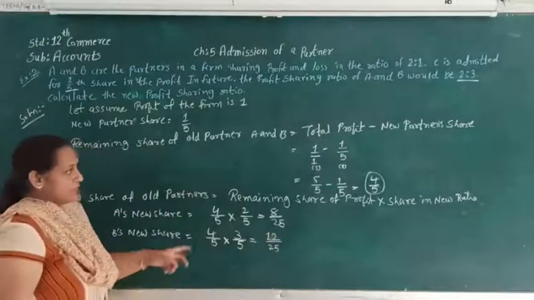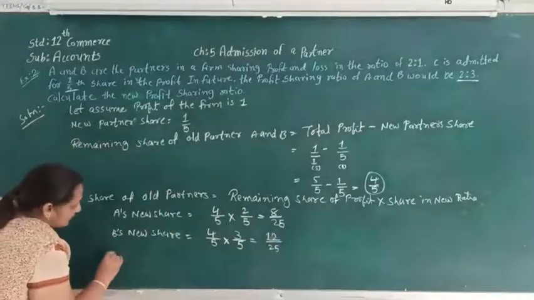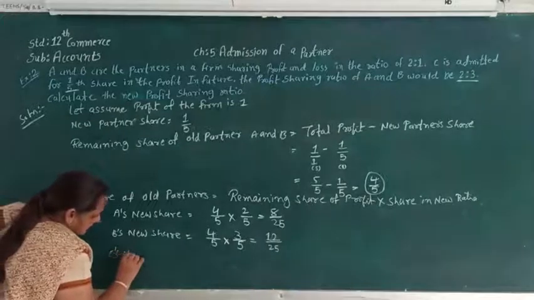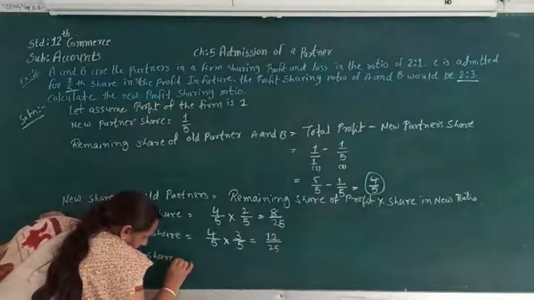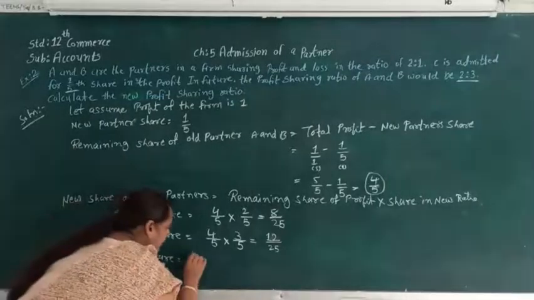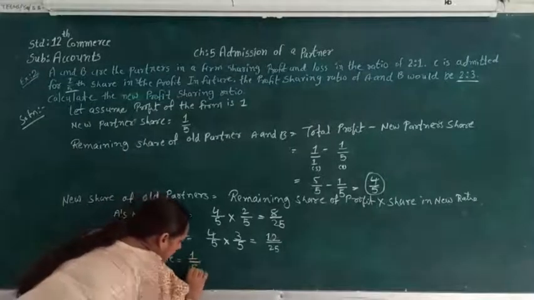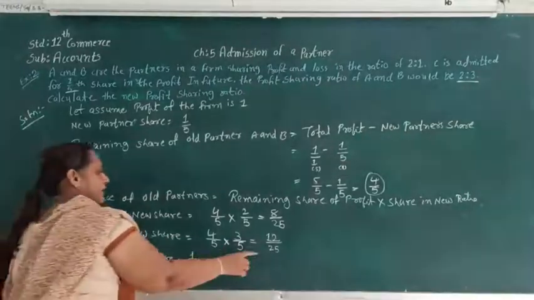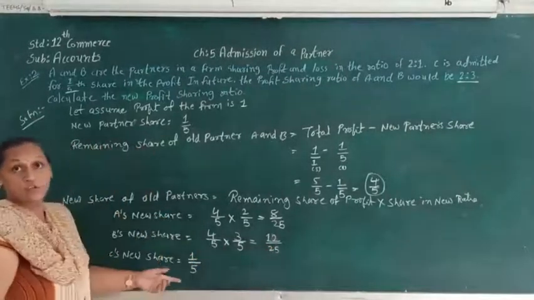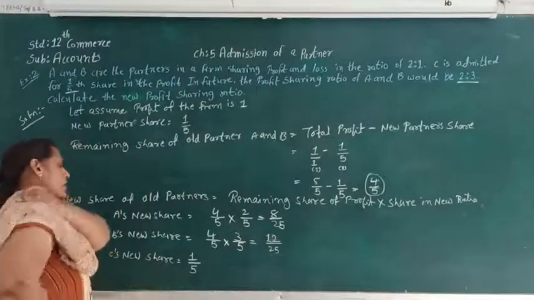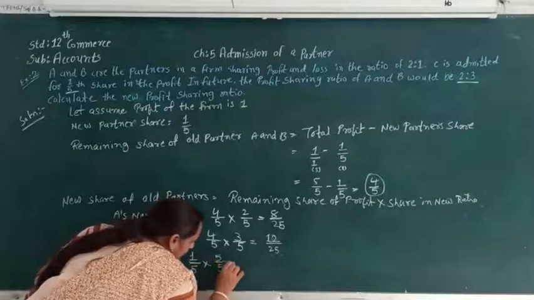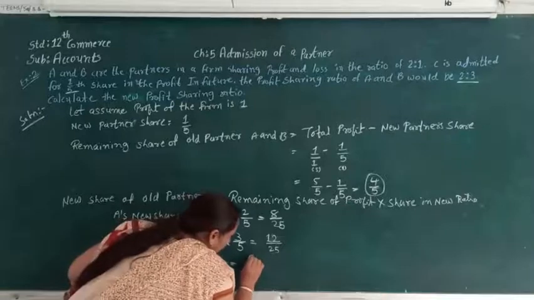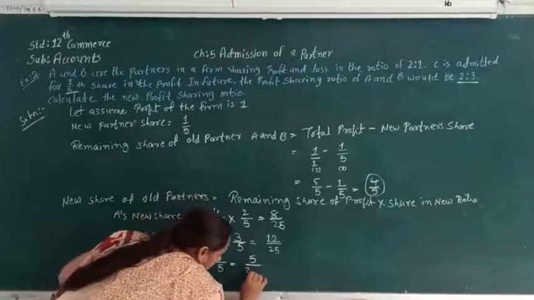12 by 25. And as we know, since the new partner's share is 1 by 5, here this is a 5 and these are 25. So to make the denominator same, we are going to multiply it by 5. So here 5 1s are 5 and 5 5s are 25.